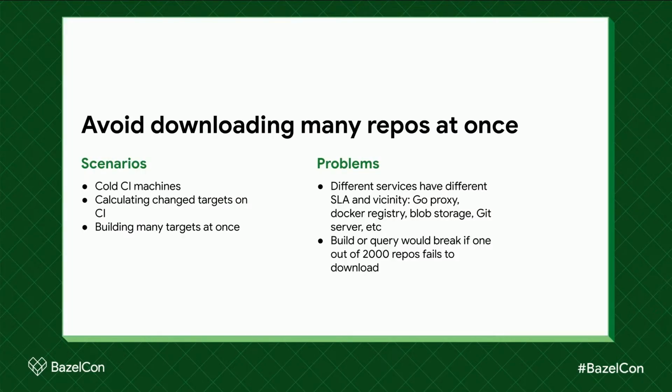And because different repositories are downloaded from different services, and different services have different SLAs, vicinity to a CI cluster, it's hard to optimize every service to be performant and reliable. And on the other hand, when we have to download thousands of repos at once, if any of the downloads fail, it will cause the whole build or query to fail.